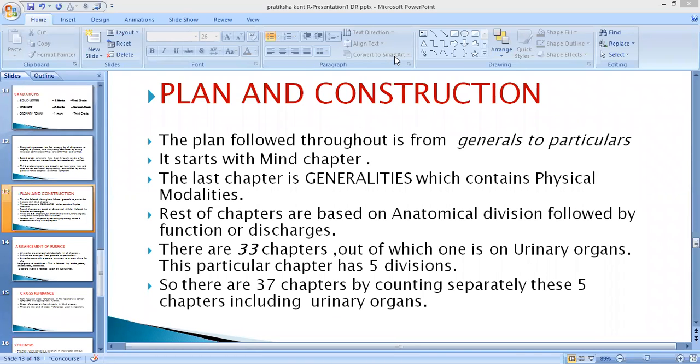Then as we are discussing the sections in this repertory, there are a total of 37 sections, including subsections of urinary organ. But these 37 sections were up to the 6th edition of Kent repertory.